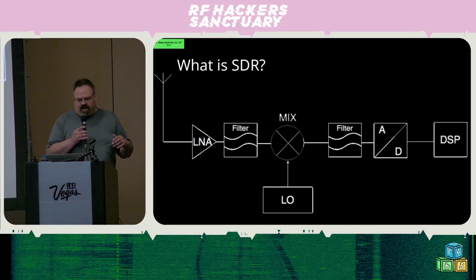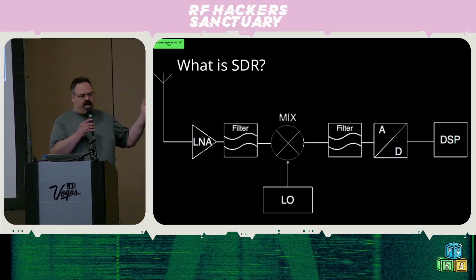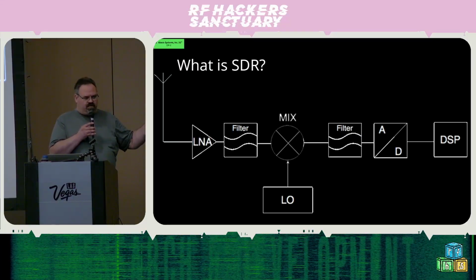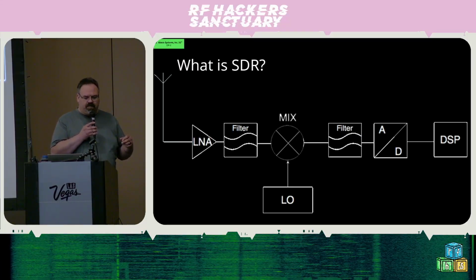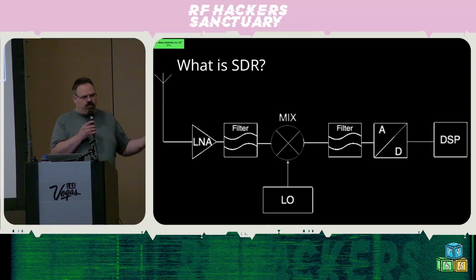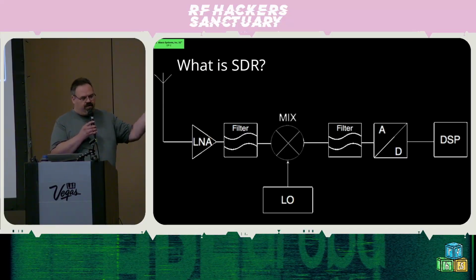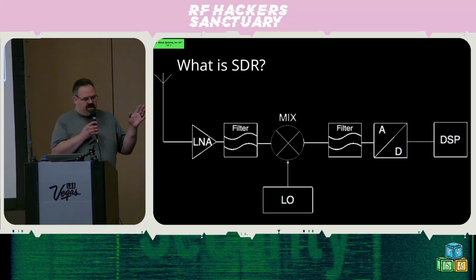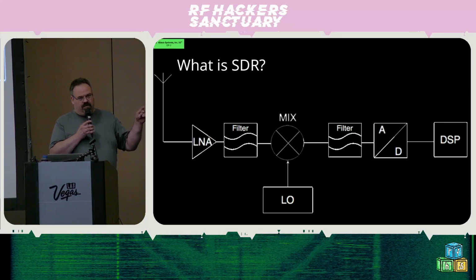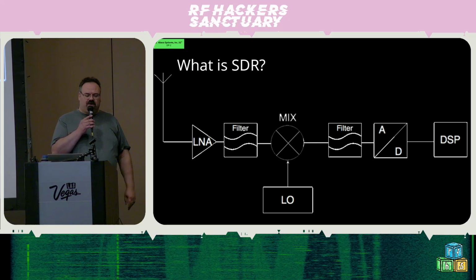So if you have, let's say, a 200 megahertz signal that's coming in, and you have the 100 megahertz local oscillator, you mix those together, you end up with the output of the 200 megahertz input signal, the 100 megahertz local oscillator, and then you end up with 100. Okay, that's a bad example because the math doesn't work out. Shit.